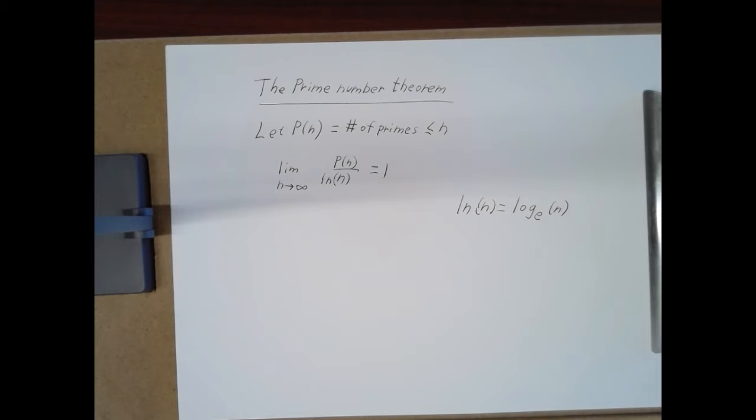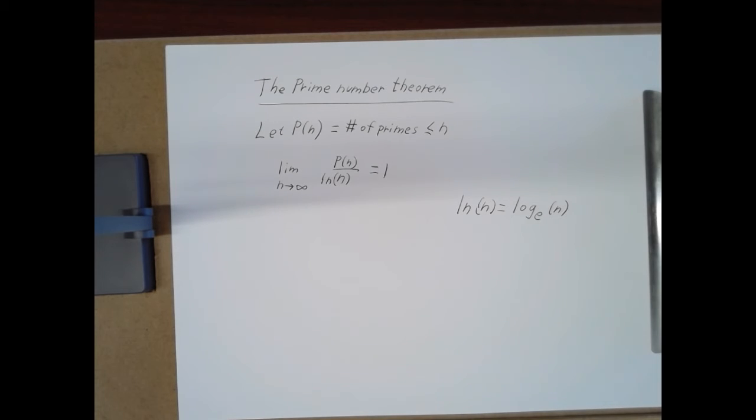And to me, that's just a really bizarre result, because the logarithm based this weird number e, 2.71828, is tied into the number of primes up to n. It's got no business being there, but it is. And it's just one of those ways in which natural logs and the number e itself just pops up everywhere in mathematics and nature and so on and so forth.